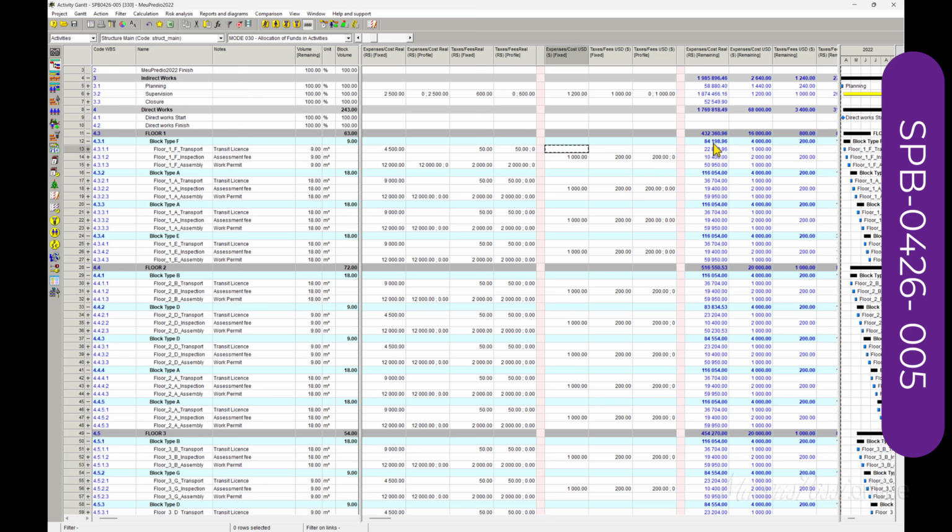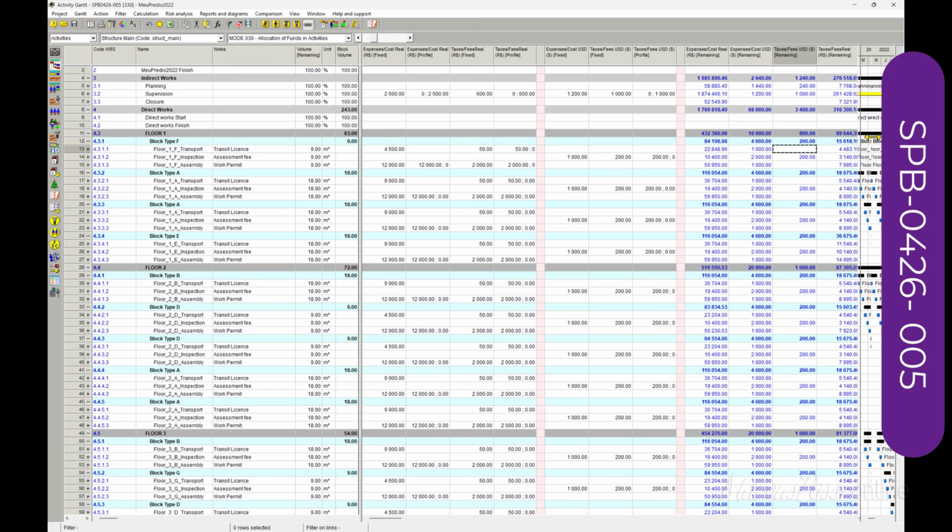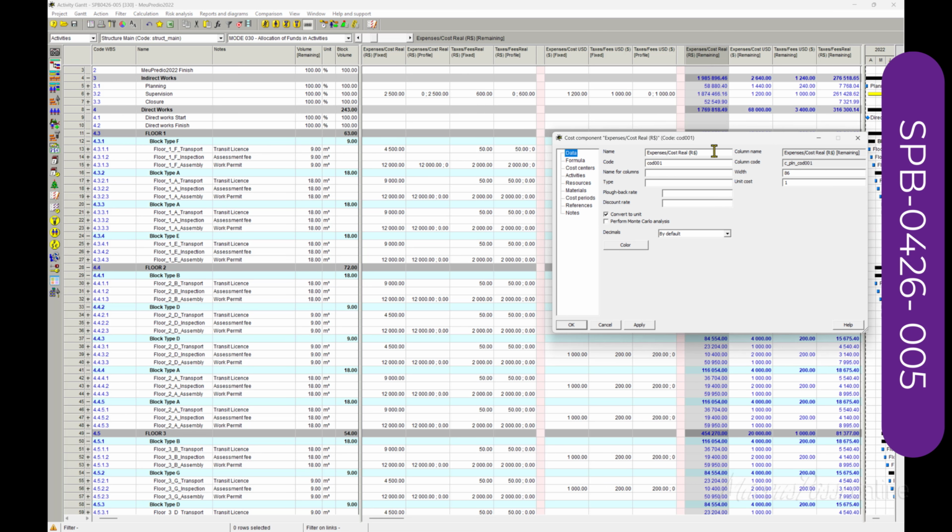Let's see. Why is it so different here? Tax fee, expense costs remaining. Let's calculate it. Expense costs real. What did you do here? Expense costs real.